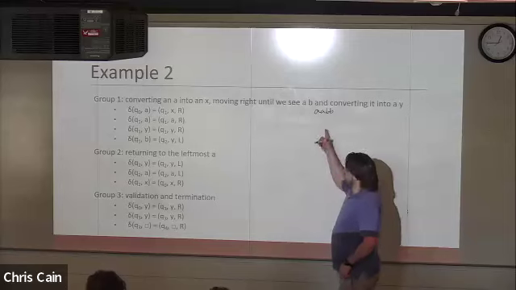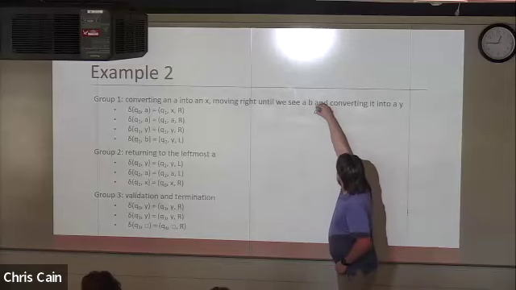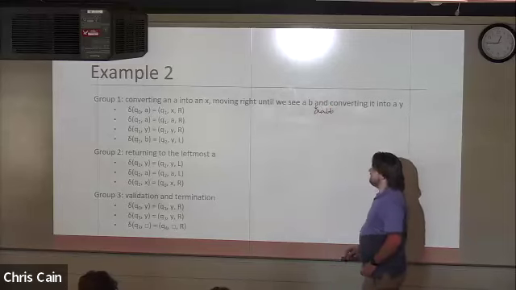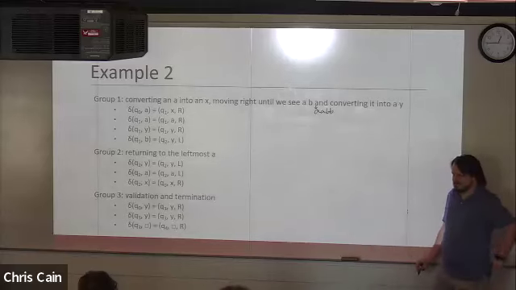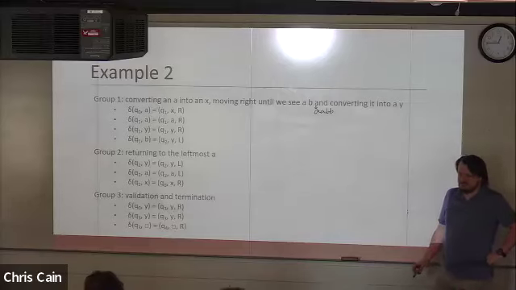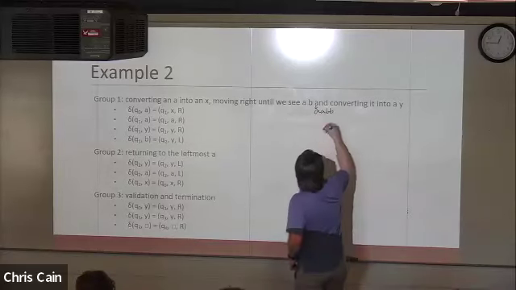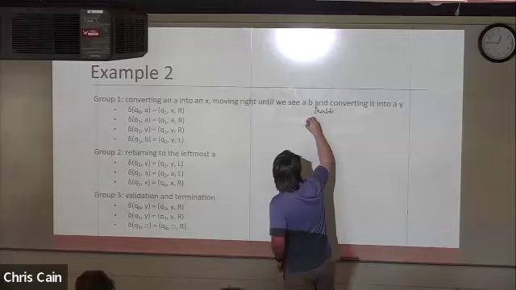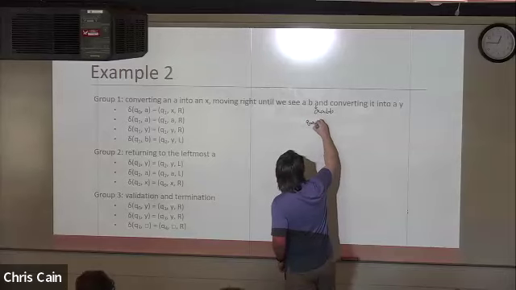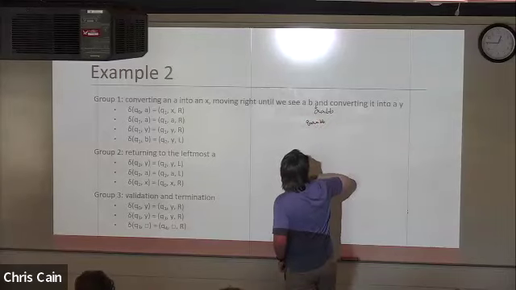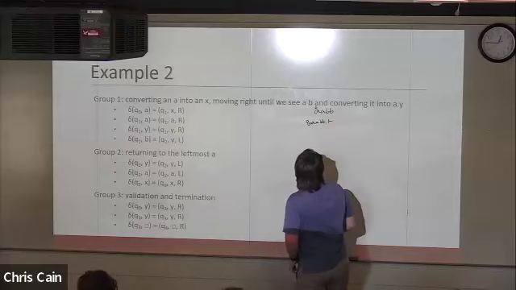We're at Q0. The read-write head is pointed at the A. So what is that first one? Replace it with an X and move right. So the initial state is Q0 followed by AABB and a turnstile.